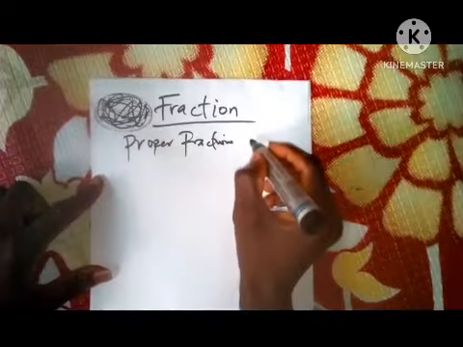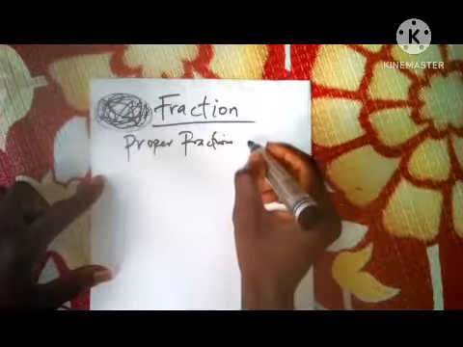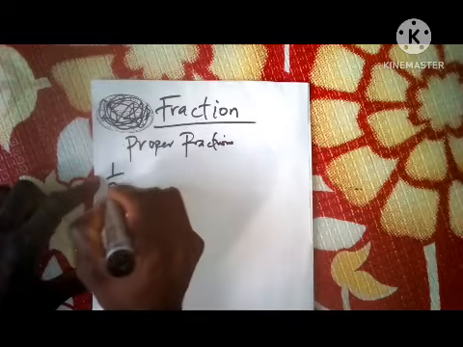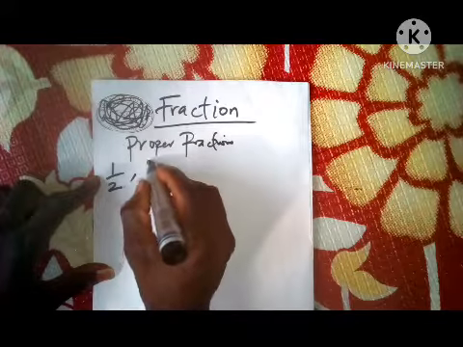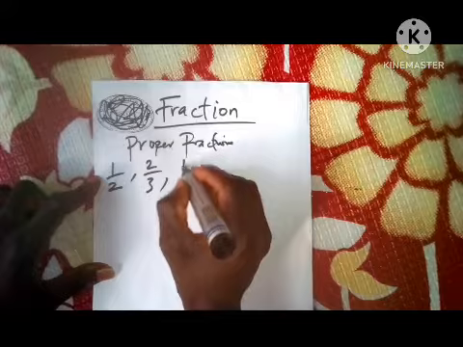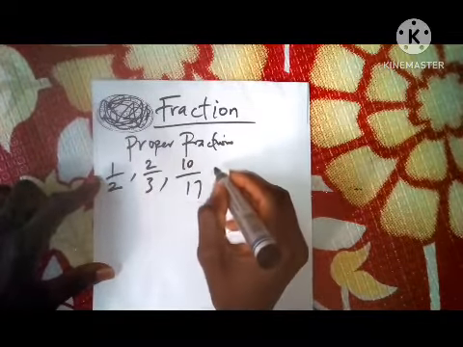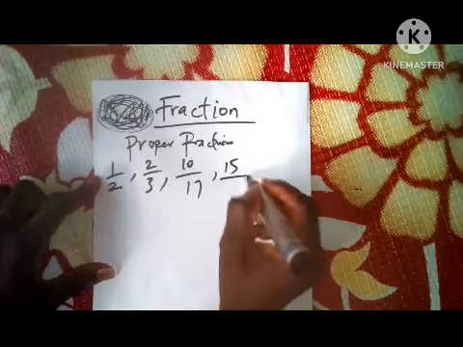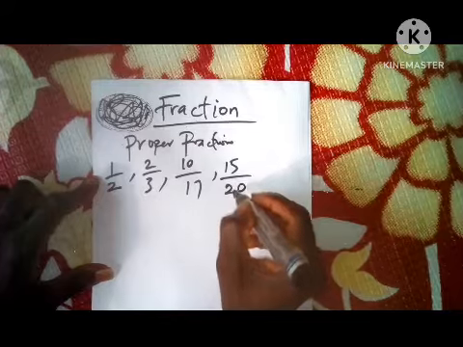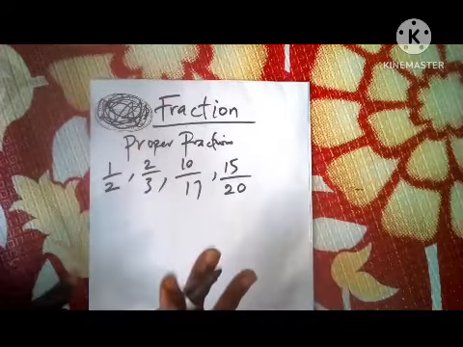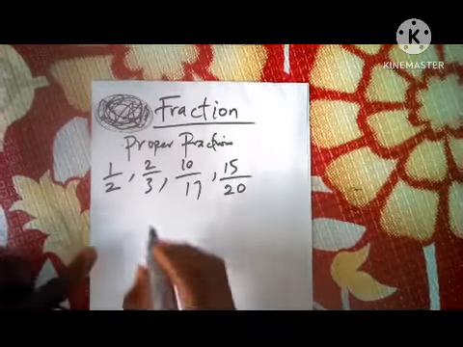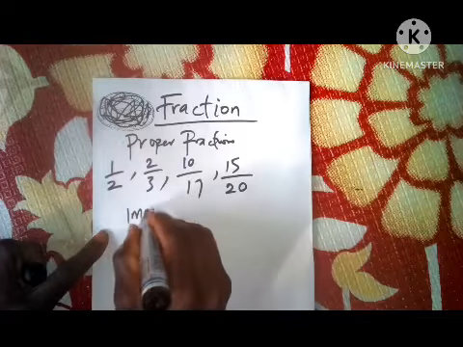We have, e.g., 1 over 2, 2 over 3, 10 over 17, 15 over 20. So this is an example of proper fraction.